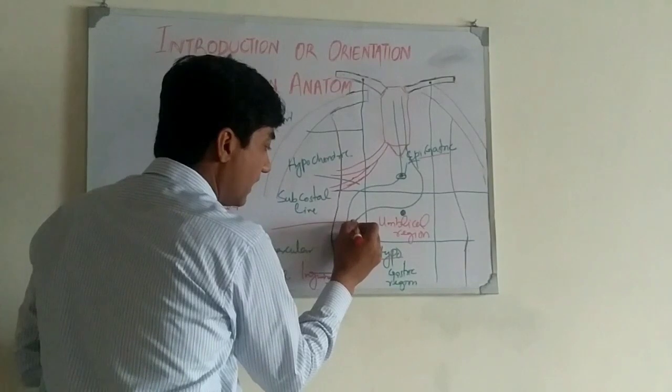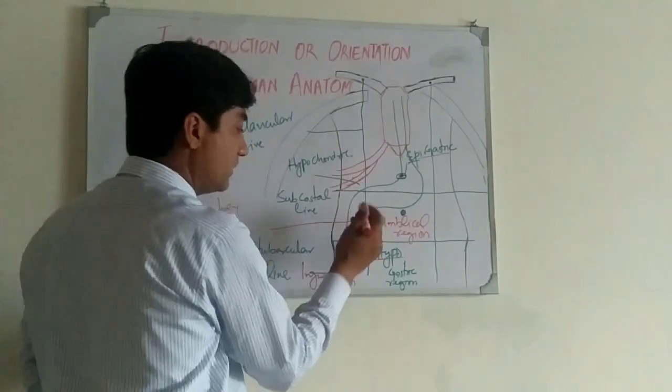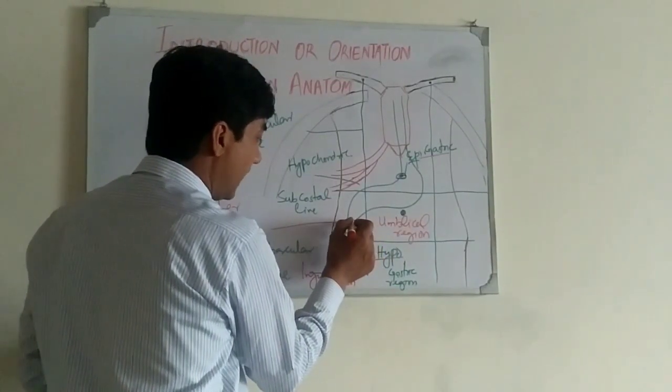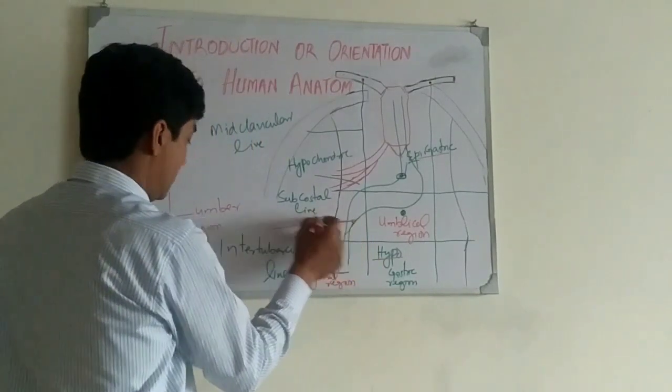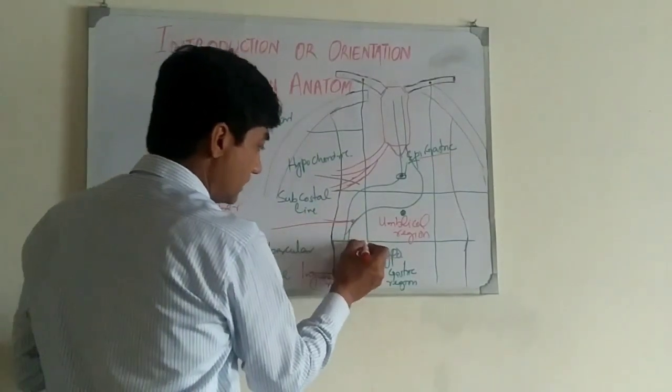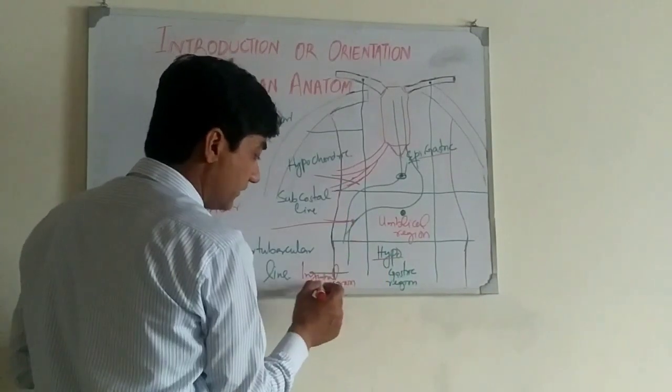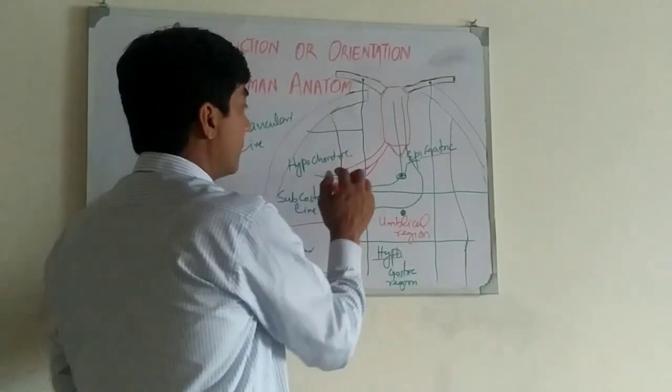And this is the center, where the lumbar vertebrae at the posterior side are found, and this is called the lumbar region. Inferior to the lumbar region is the inguinal region.